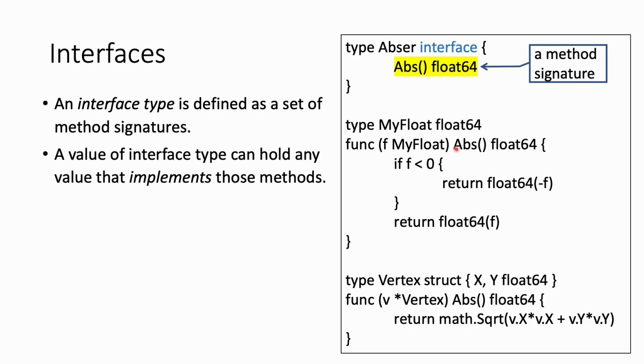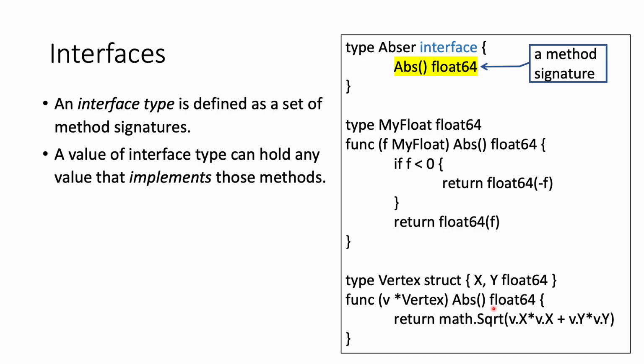For example, here we define type MyFloat to be the built-in type float64 and define a method with the same method signature as the one in the Abser interface, but with the receiver of type MyFloat. Then any value of MyFloat is said to implement the Abs method and therefore is a value of the interface Abser.